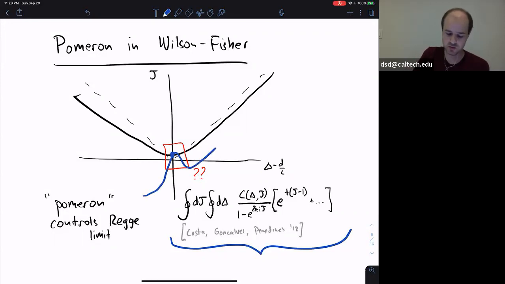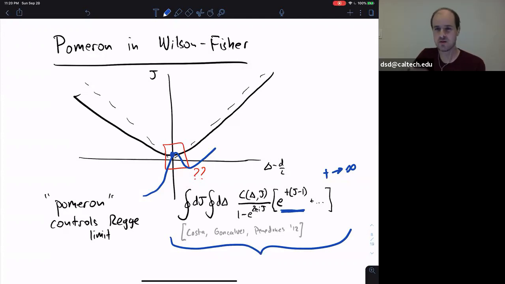So the integration contour is some imaginary contour that you can imagine being perpendicular to the picture that I drew. The Pomeron is the point with maximal spin along that contour, and the spin is the thing that controls the growth in the Regge limit. So the Regge limit would be something like t goes to infinity in this cartoon. And so it's the highest spin along that integral contour in J that controls the Regge limit.